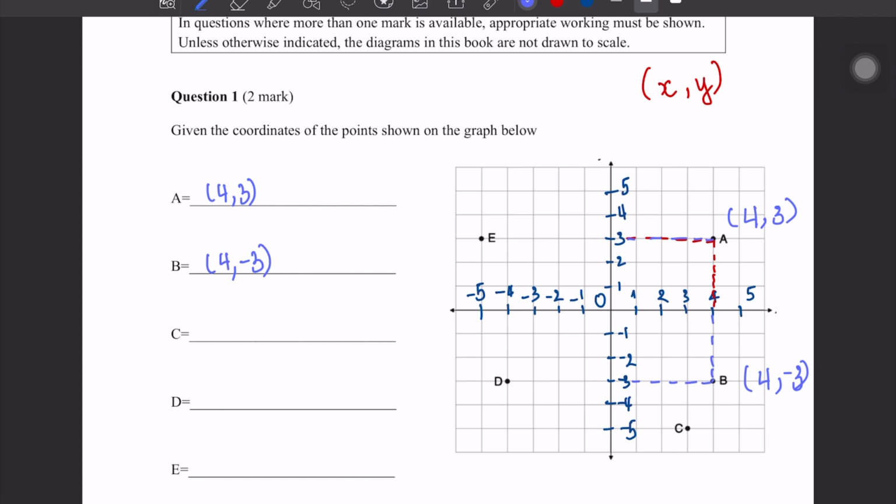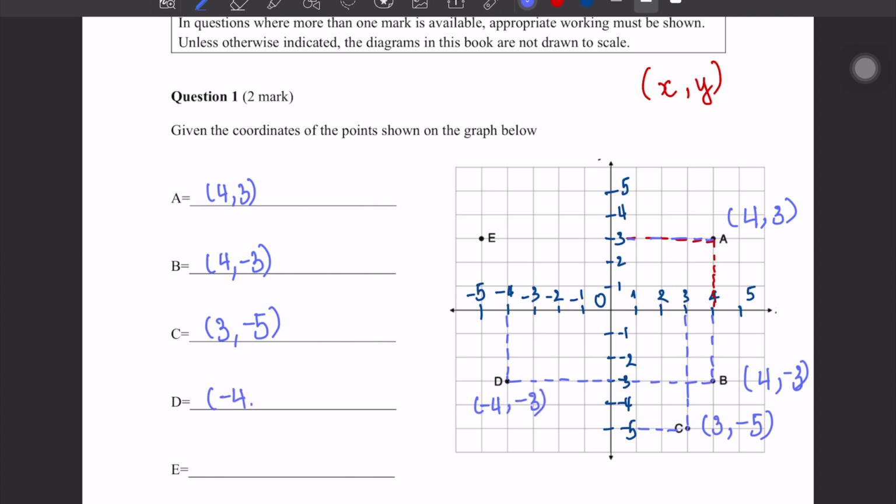C, the x coordinate of the point C would be 3 and the y coordinate would be -5. C is (3, -5). D, the x coordinate would be -4 and the y coordinate -3.